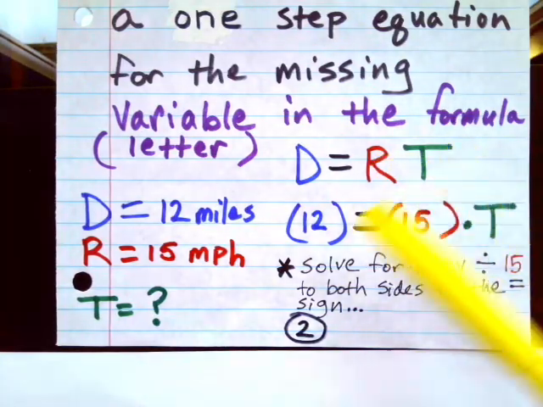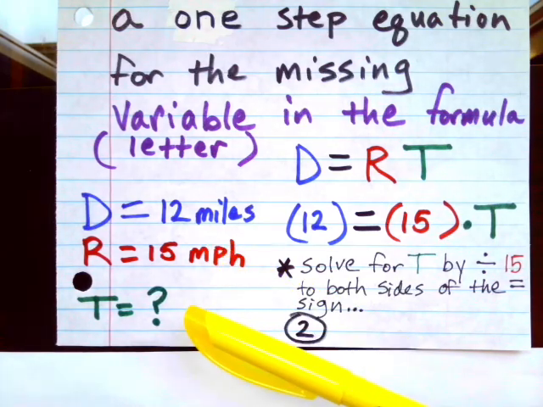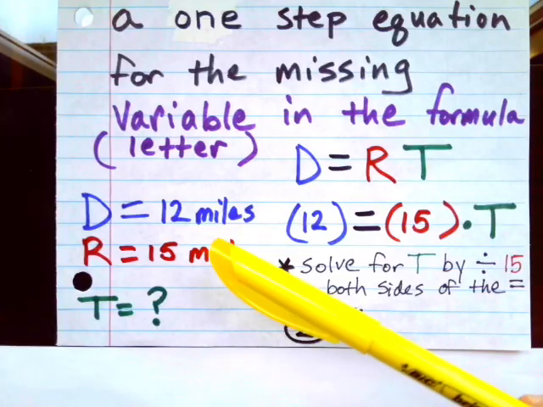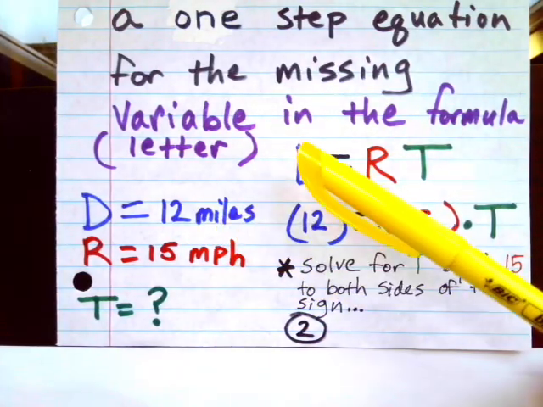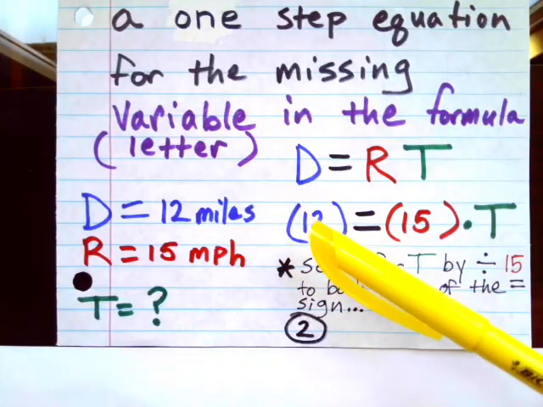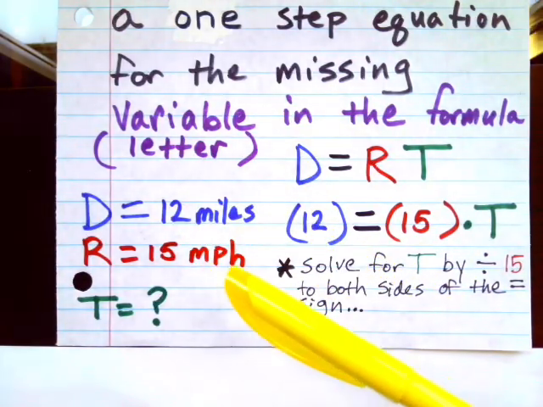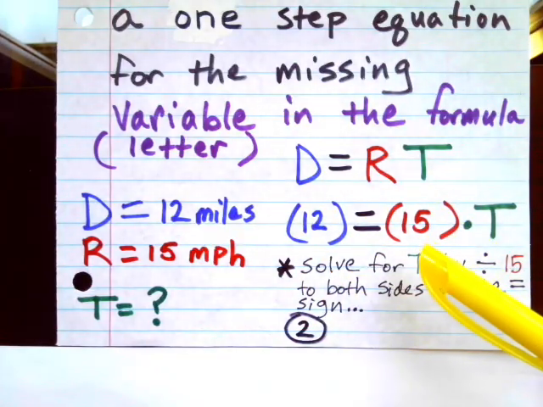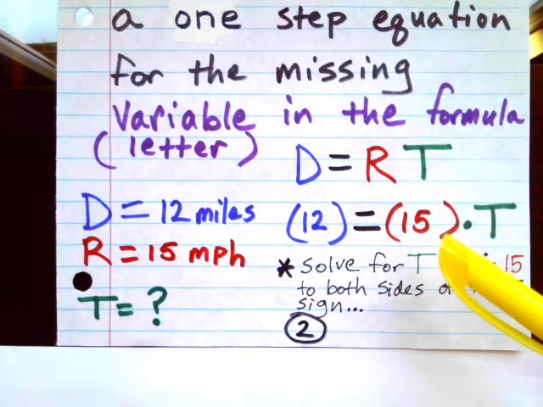Distance equals rate times time. Distance is given as 12, rate is given as 15, and the time, I don't know, I need to figure that out. So you can substitute these values. D equals 12, so I'll substitute 12 everywhere I see the D, or distance. The rate is 15 miles per hour, so everywhere I see the R, I'm going to substitute a 15. The R and the T right next to each other means multiplication.